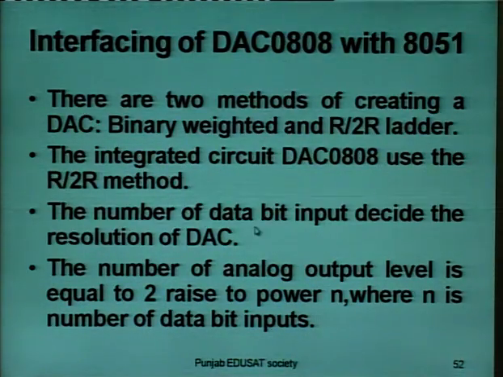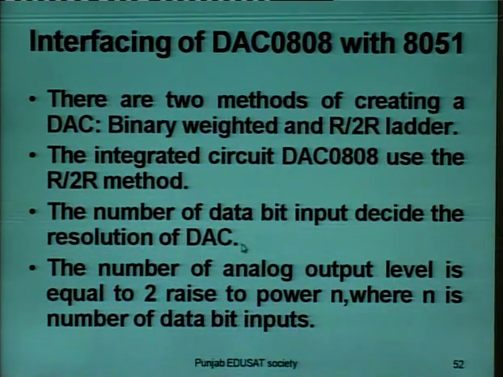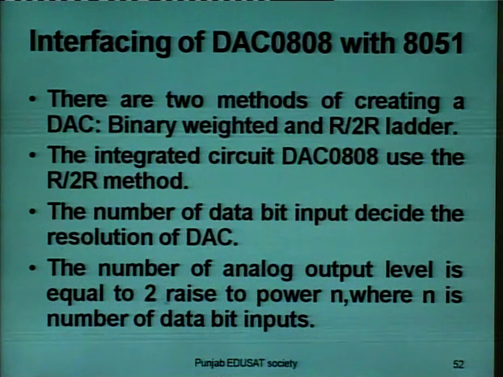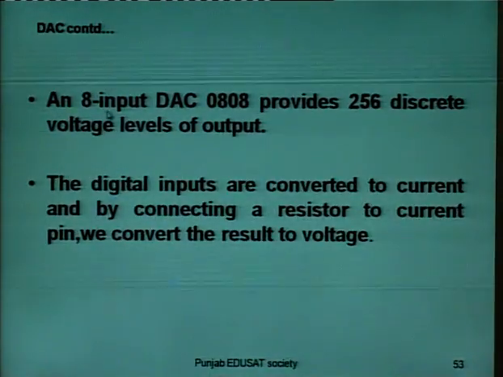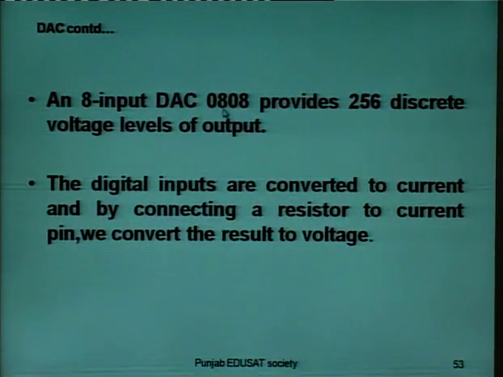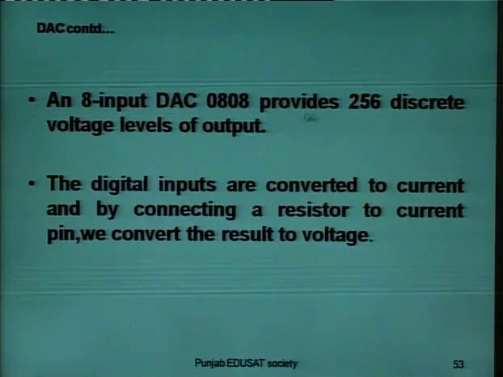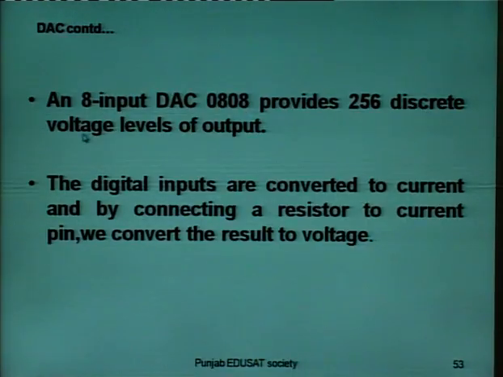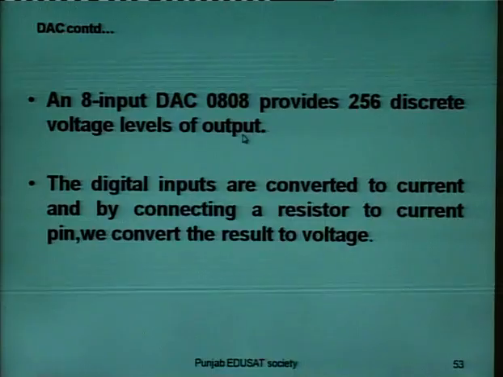The number of data bit inputs decides the resolution of the DAC. The number of analog output levels is equal to 2 raised to the power n, where n is the number of data bit inputs. An 8 input DAC 0808 provides 256 discrete voltage levels of output.